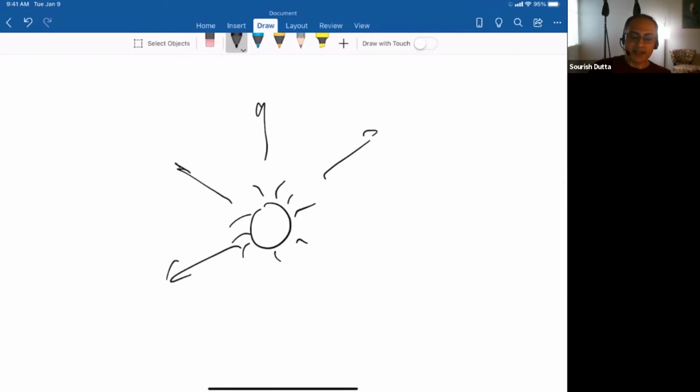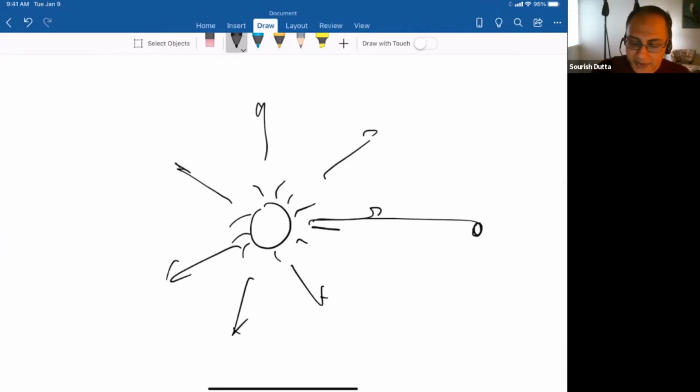This is the Earth, which is very, very tiny in comparison to the sun, and so the Earth only intercepts a very small amount of energy that the sun is putting out.